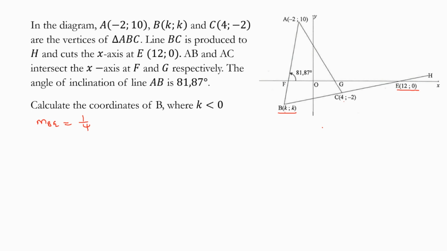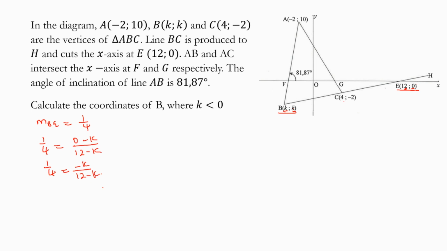If we use point B and point E, we can say 1 over 4 is equal to 0 minus k over 12 minus k. So we have 1 over 4 is equal to negative k over 12 minus k.